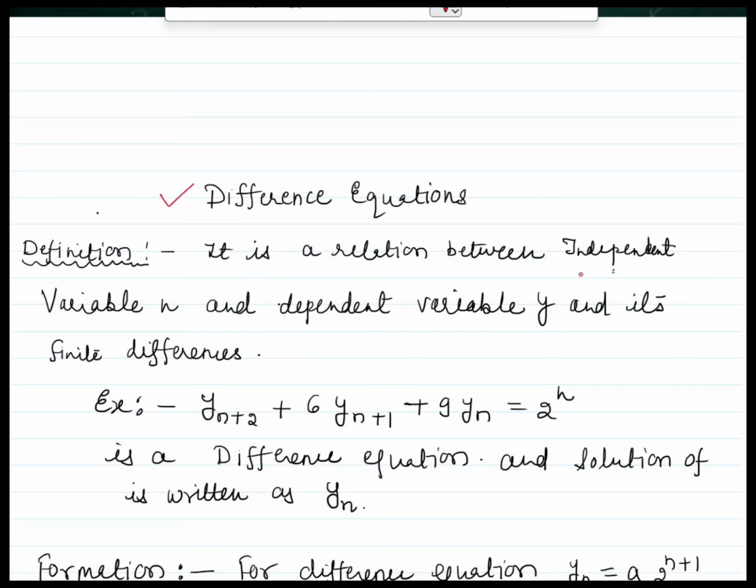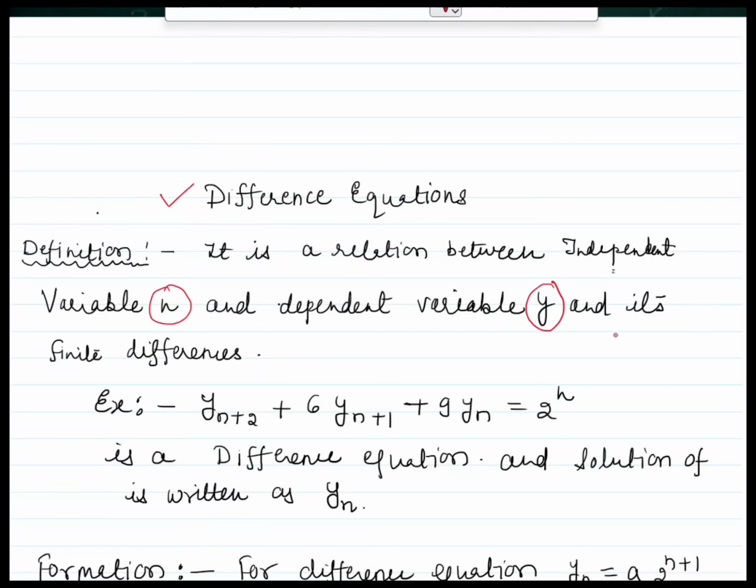We can take any one, like if we are using independent variable n and here is variable x, so accordingly we will write the difference equation. So in this we are treating independent variable as n and dependent variable as y.